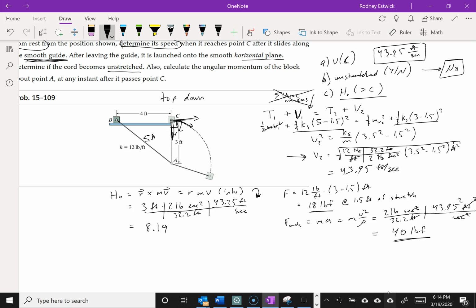So you look at my units, feet cancels, one of the seconds cancels. So I have a pound, foot, second. That's because I do the units the way I do. If you do units differently, the number wouldn't be the same, but you could also do this in slug feet per second squared. I'm not going to because I hate slugs, but so there you go. There is your angular momentum.